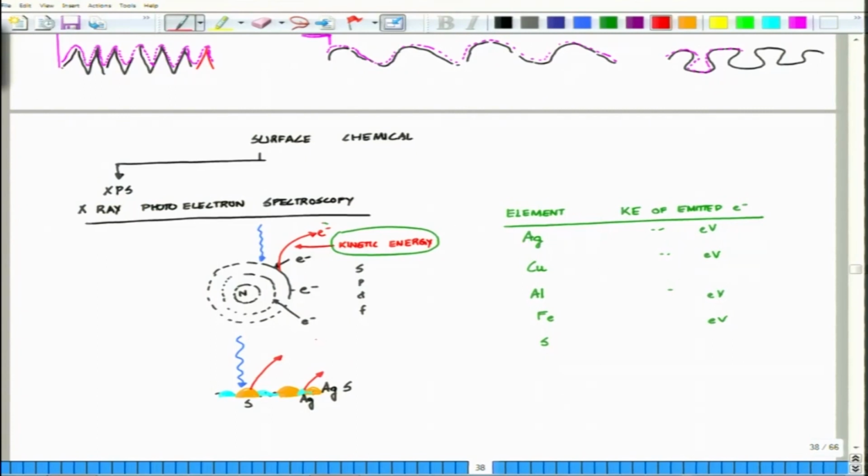Now if you have a detector sitting out here which could measure that speed, here you have a detector, then that detector will tell you what you are seeing, whether it is silver, sulfur, or something else.